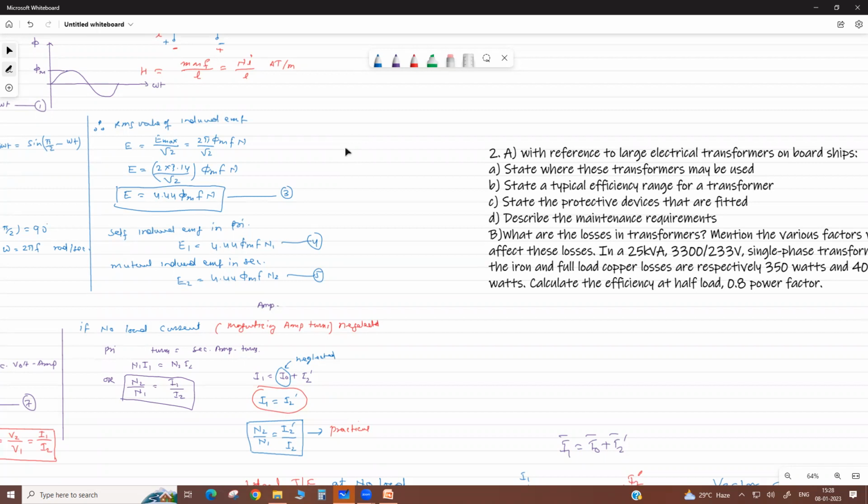In a large transformer there is a differential protection relay also. So you write the protective devices. There is a tap changer also, for voltage fluctuation, to control the voltage fluctuation.